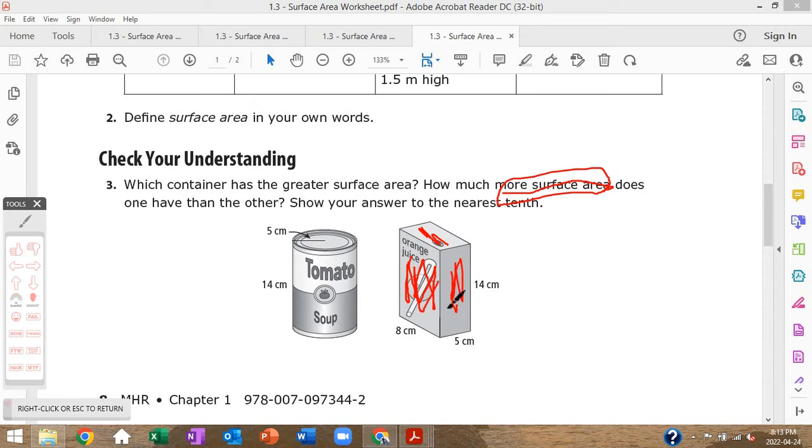And add them up. And here again, I've got the top and the bottom, so pi r squared gives me the top, times 2 gives me the top and the bottom. And then 2 pi r h gives me the side, once we imagine that we roll that out. All right, so go ahead and do that one.